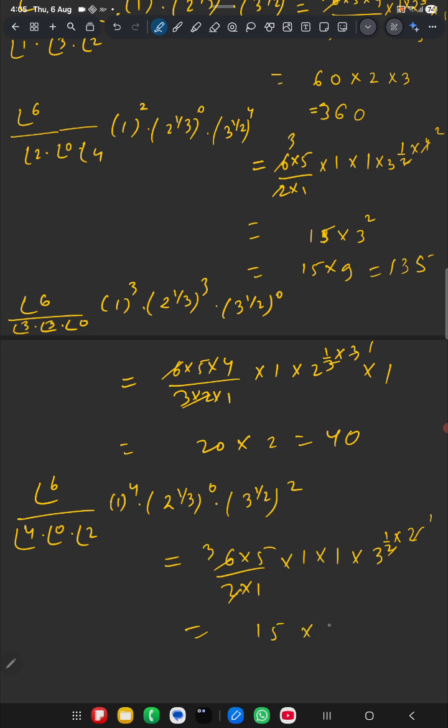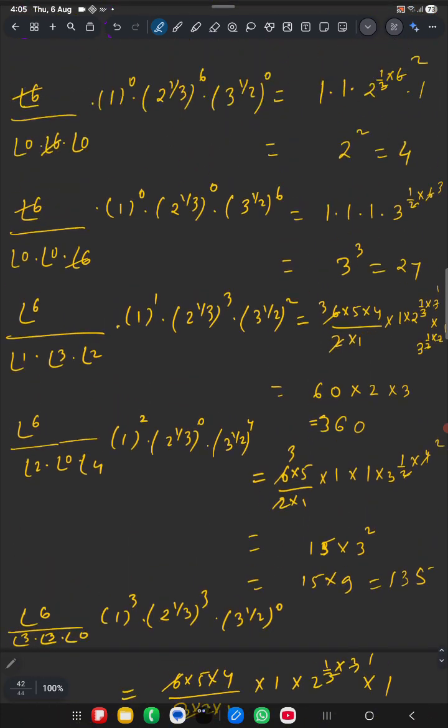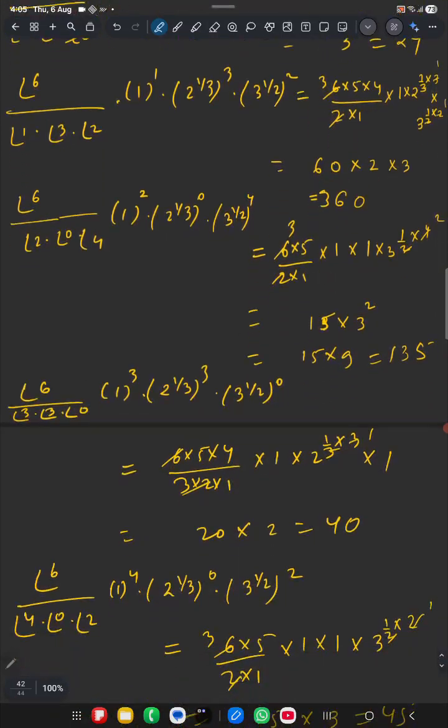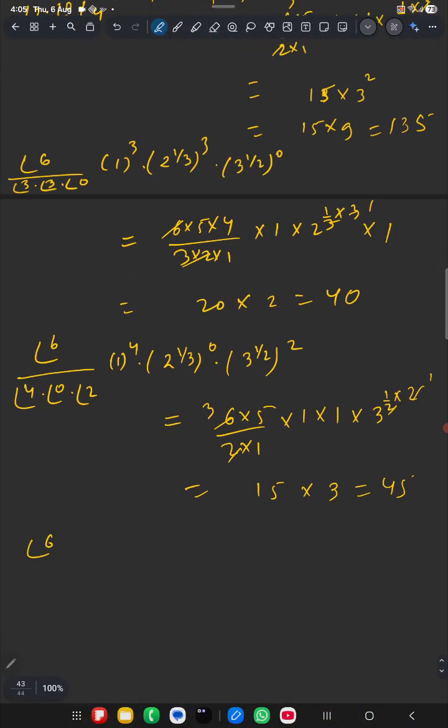So 15 into 3, 45. And the last one is your 600. So factorial 6 divided by 6 factorial 0 and 1 power 6, 2 1 by 3 power 0, 3 1 by 2 power 0. It will give you 6 factorial cancelled and everything is 1.